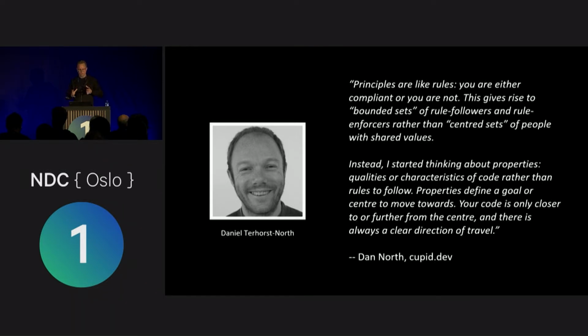This gives rise to bounded sets of rule followers or rule enforcers rather than a centered set of people with shared values. Instead, I started thinking about properties, qualities, or characteristics of code rather than rules to follow. So properties define a goal or center to move towards. Your code is only closer to or farther away from that center, and there's always a clear direction of travel.